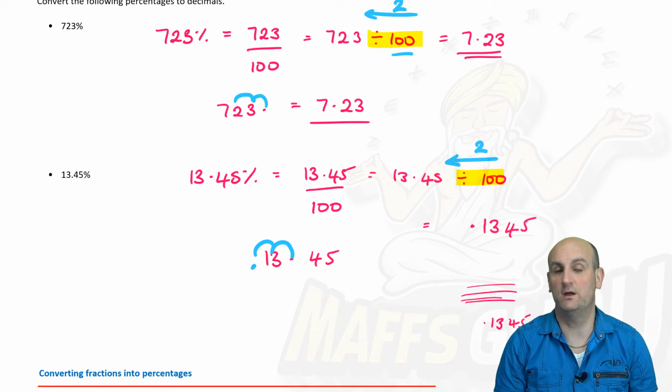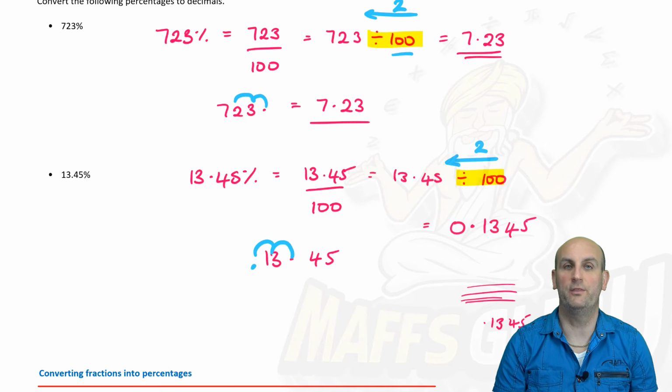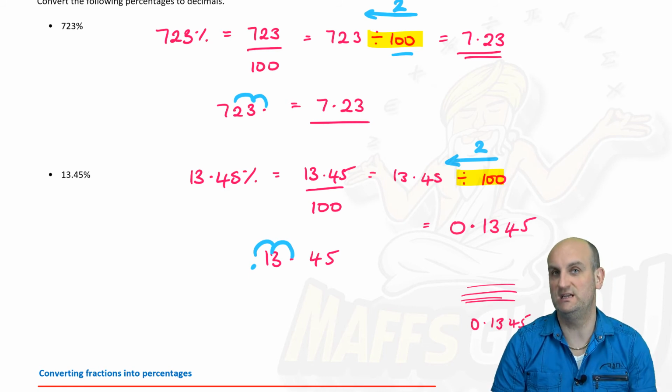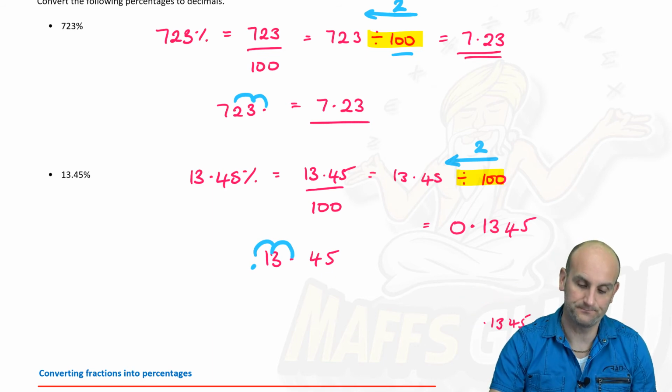When I'm marking this work, and teachers make mistakes, I'm not looking for .1345, I'm looking for 0.1345. And in this situation, I could mark that incorrect because I may think you've made a silly mistake and written 1345. My advice is put that 0 in. It's going to make sure that your teacher and you later on will actually see it and hopefully mark it correctly.